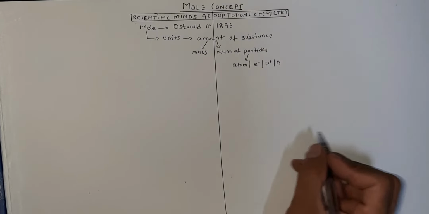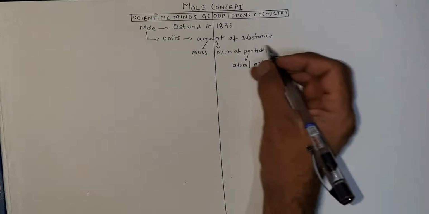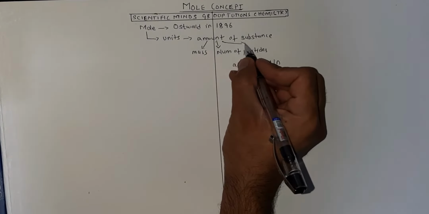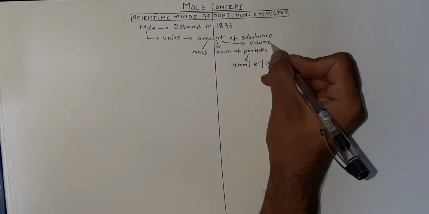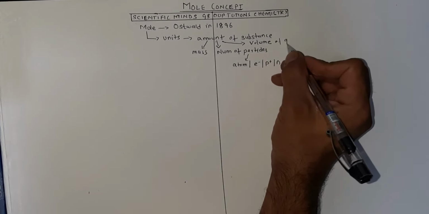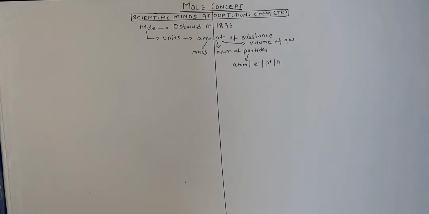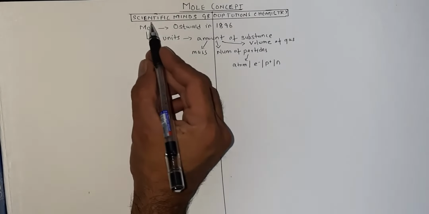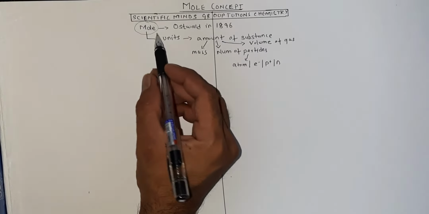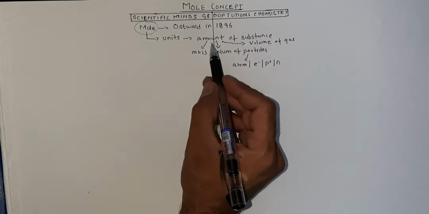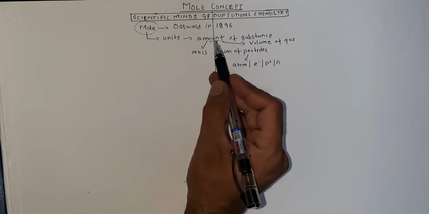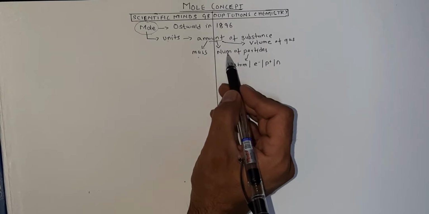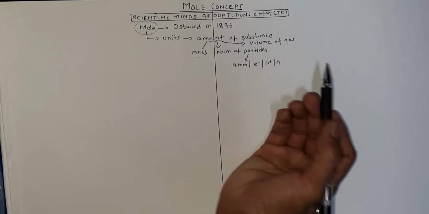Anything can be a particle which has a mass. Plus this amount also signifies the measurement of volume of gas. So what is a mole? Basically, mole is a unit of measurement of amount of substance, and is measured in terms of mass, number of particles or volume of gas.